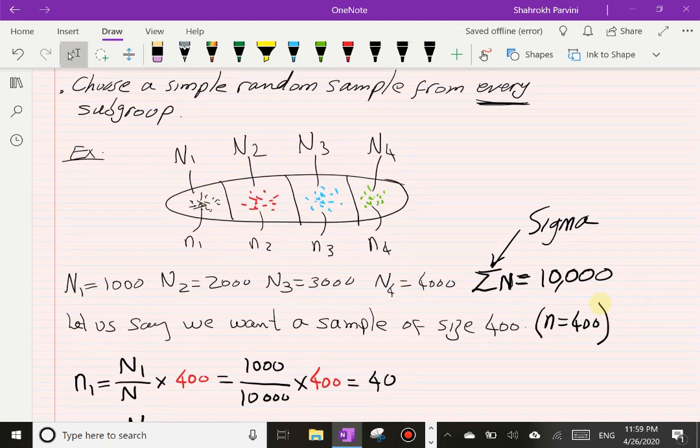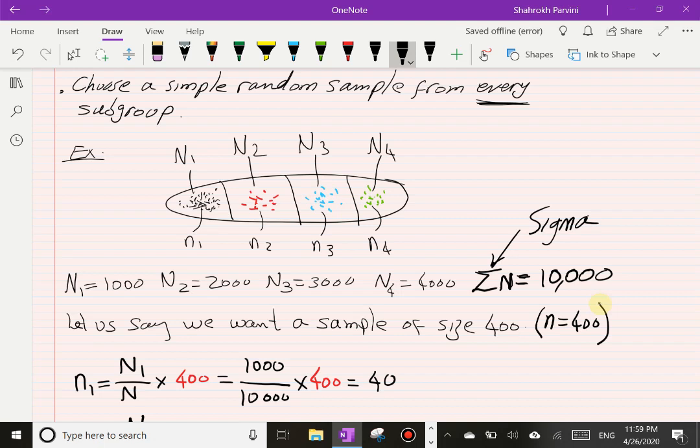Well, in that sample of size 400, the proportion of the stratum size, the subgroup size, to the total population size, in this case, would be 10%. 10% of the population belong to the first stratum. So I'm going to choose 10% of 400.